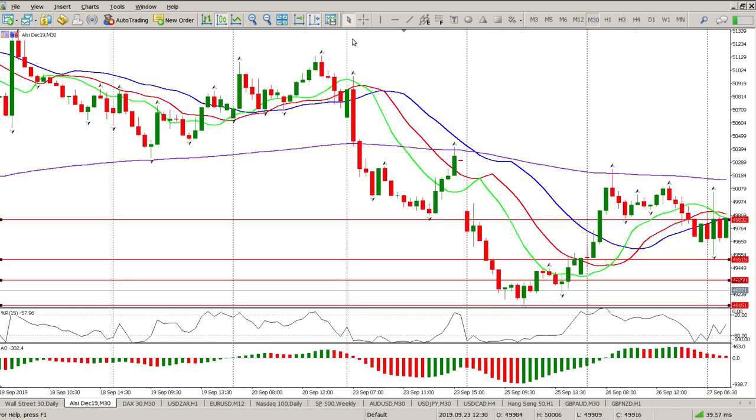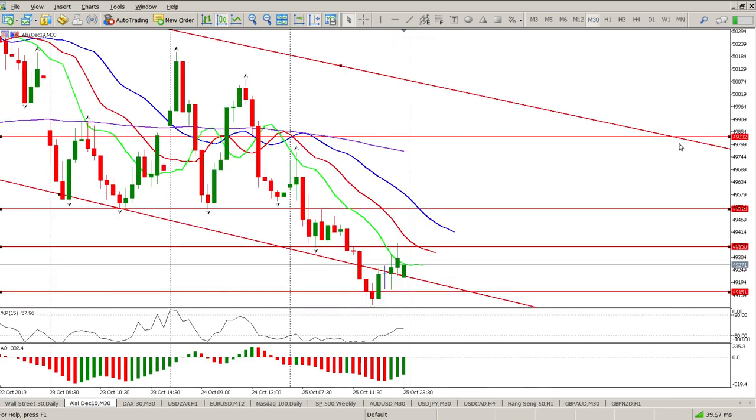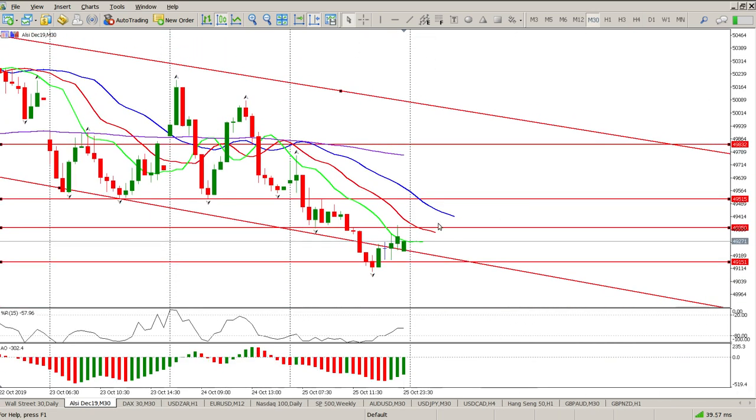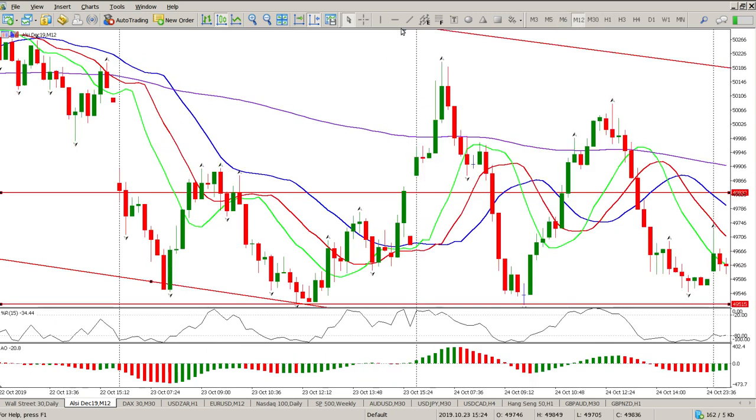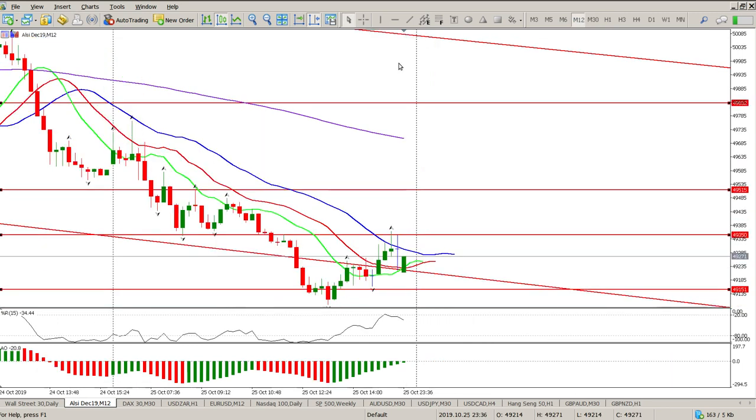For me at the moment, definitely looking for a long, and we don't really have any fractals on the 30 minutes. Let's see if we've got some on the 12. Yep. So what we're looking for is a break above 49,350. Not really interested in chasing any shorts at the moment. We're at the bottom of the channel.